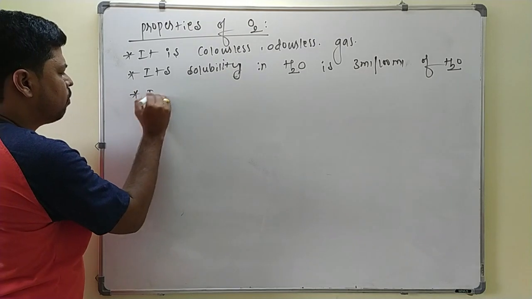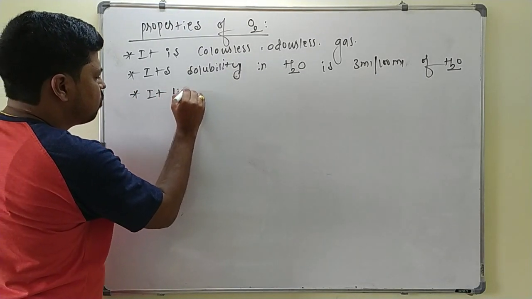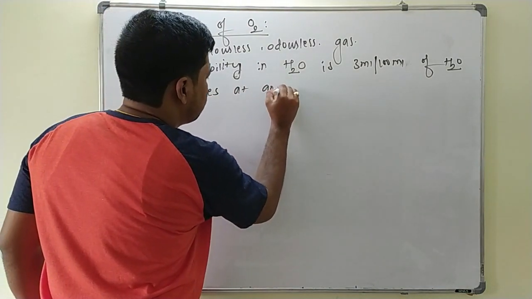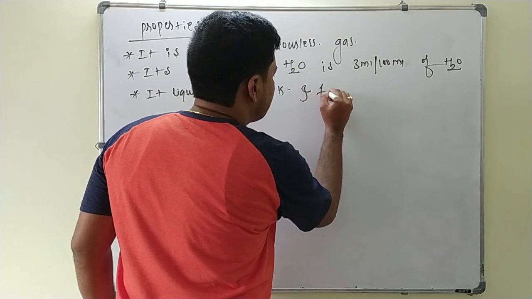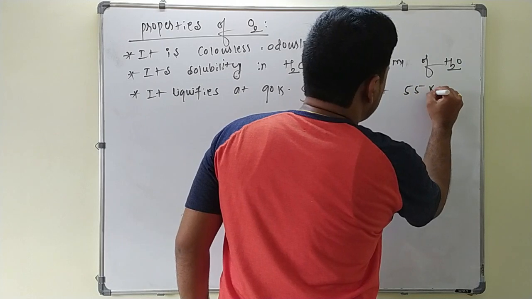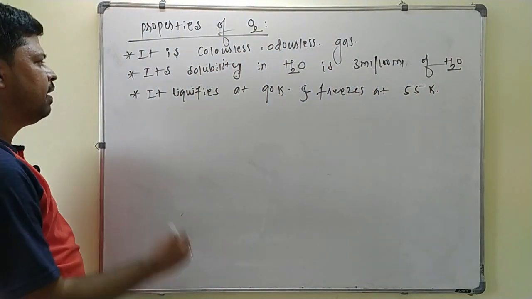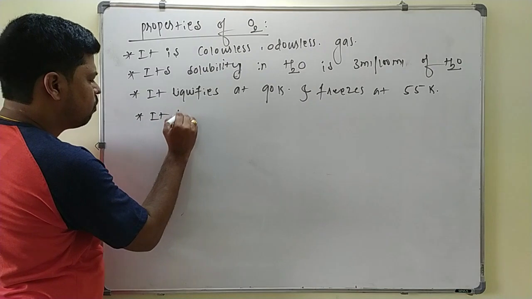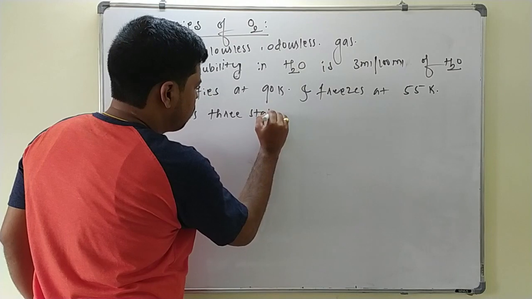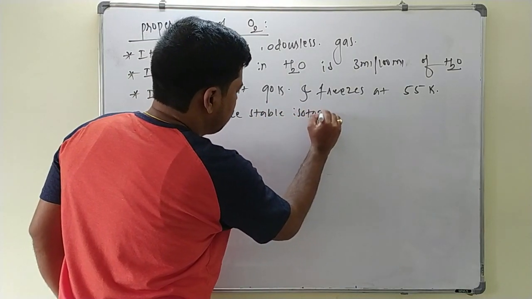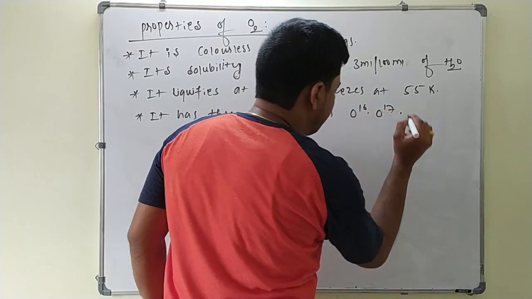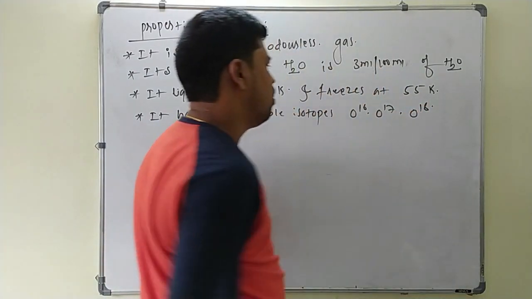Next point, it liquefies at 90 Kelvin and freezes at 55 Kelvin. Okay. Next point is, it has 3 stable isotopes. That is oxygen 16, oxygen 17 and oxygen 18.